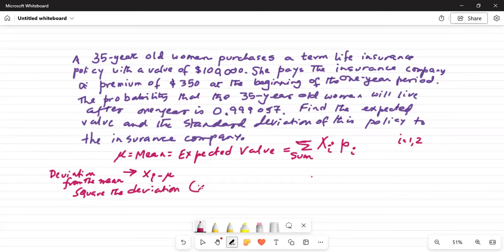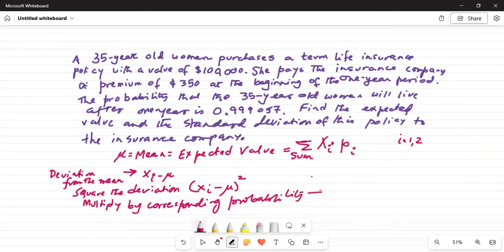So you square this figure, xi minus mu squared. Then you multiply by the corresponding probability, which is (xi minus mu) squared times pi.